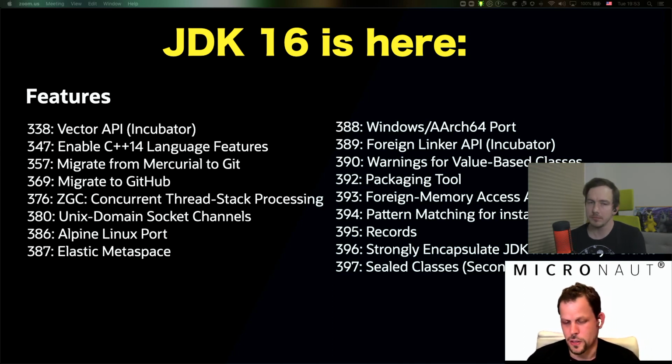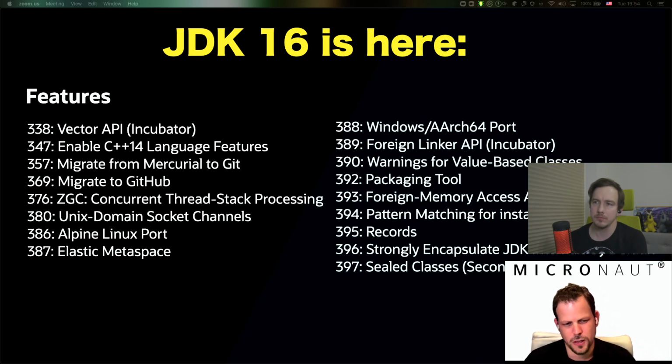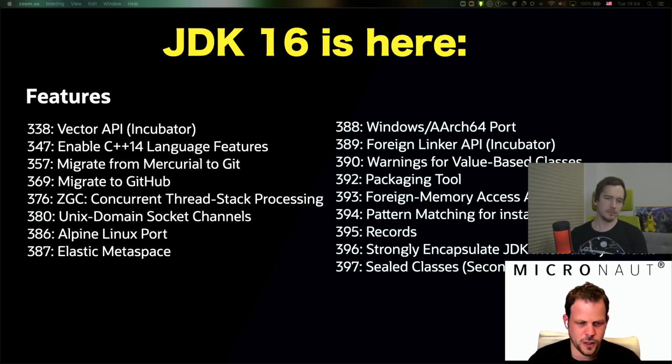And obviously records are closely linked to pattern matching and instanceof, and I think that a lot can be done. And I think promoting immutability by default, final by default, those kinds of things, records are going to have a huge impact.